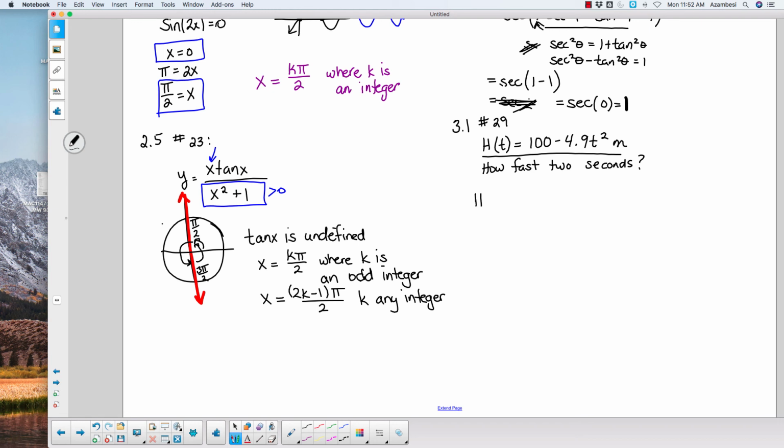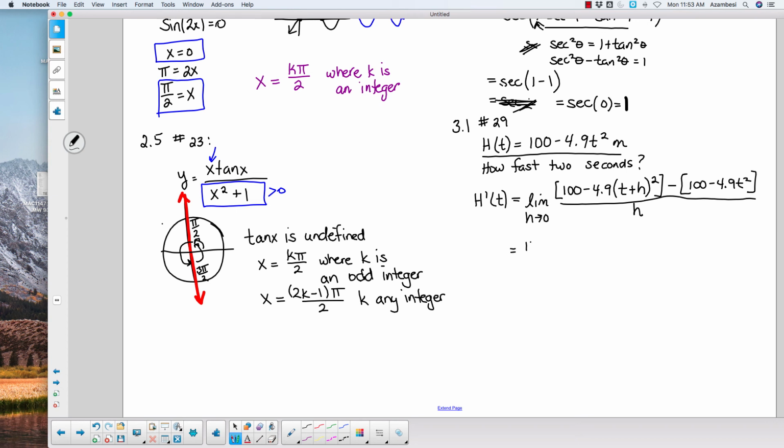So I want to find h prime of t, and we're in section 3.1, so that's the limit as h approaches 0 of f of t plus h. So that is 100 minus 4.9 times t plus h squared minus 100 minus 4.9 t squared all over h.